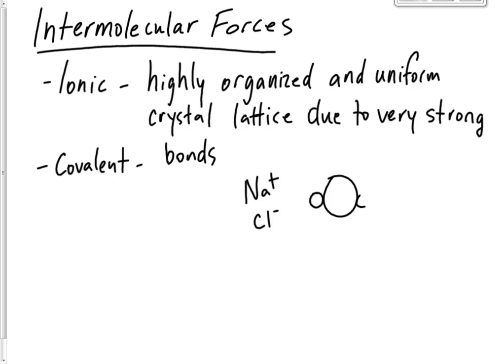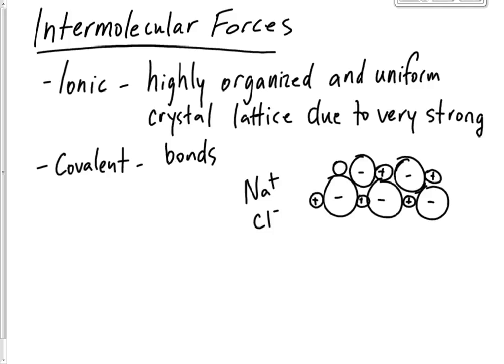Because the sodium is positive and the chlorine is negative, you're going to get a structure that looks something like this. And if you can imagine this in 3 dimensions, continuing on like that, it's obviously going to be very strong.